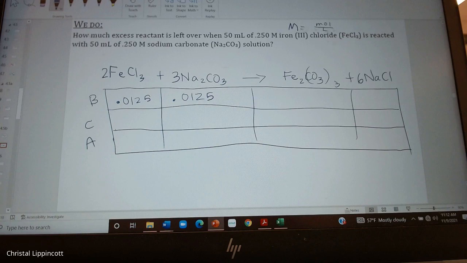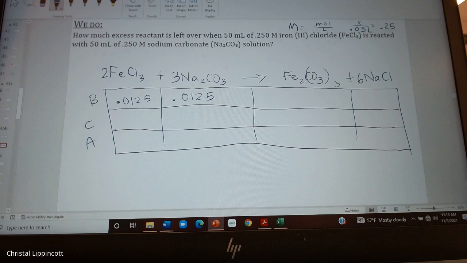So take this, convert it into liters, which is 0.05 liters. That over X is going to equal your molarity, which in this case is 0.25. So take this times this, that gives you this value, or actually, it gives you both.